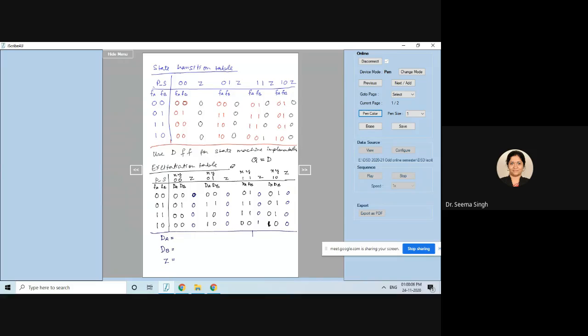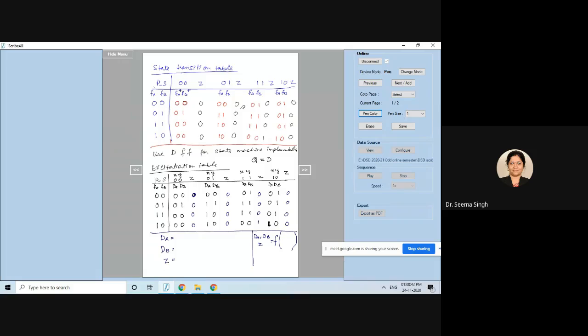Also, you should know that DA, DB and Z are a function of what all things? Can somebody tell me? Of course, you should also understand this is my current state and this is my next state. So I should always write plus here.